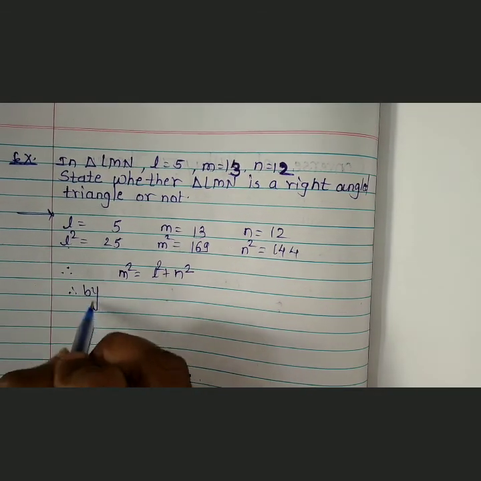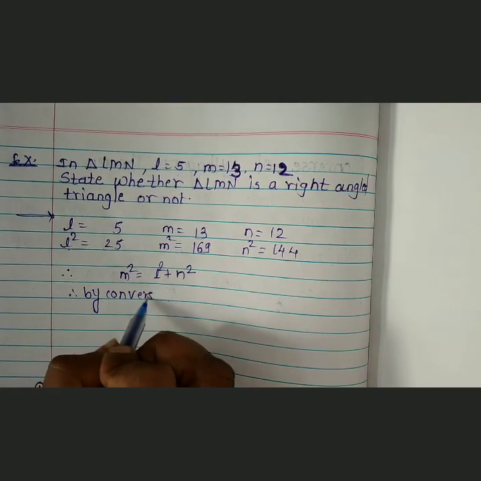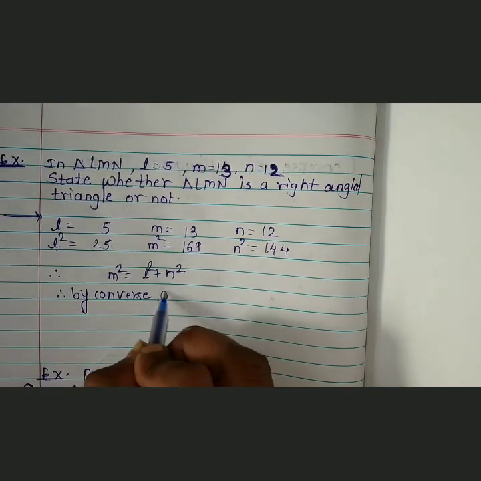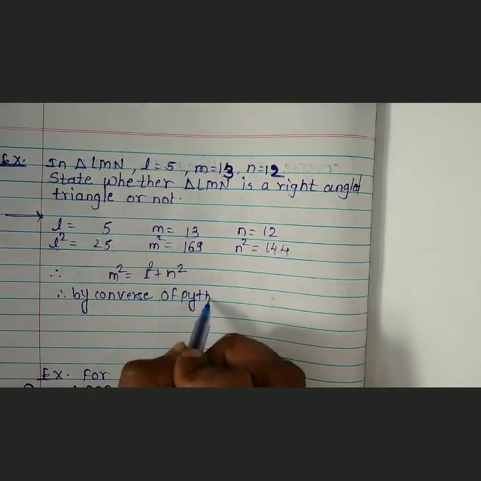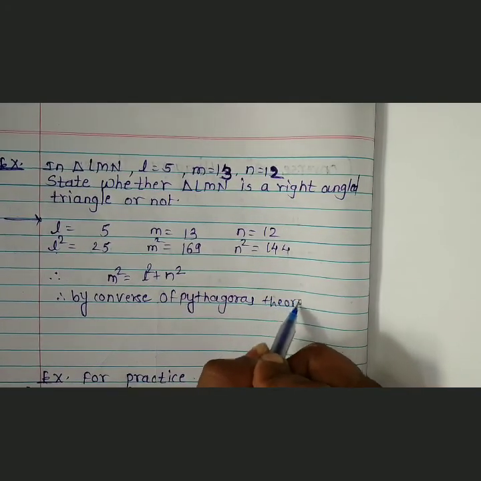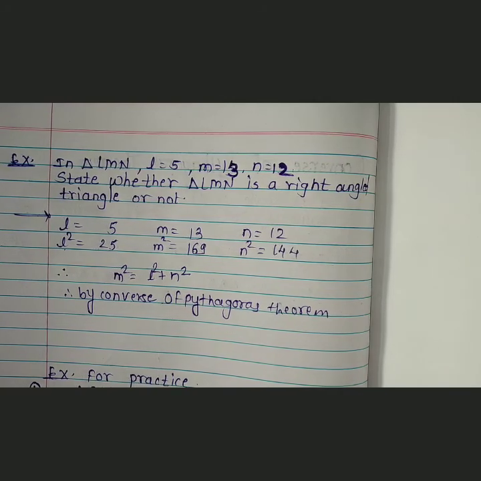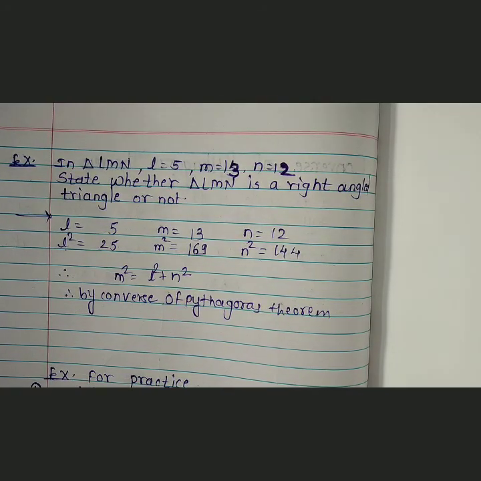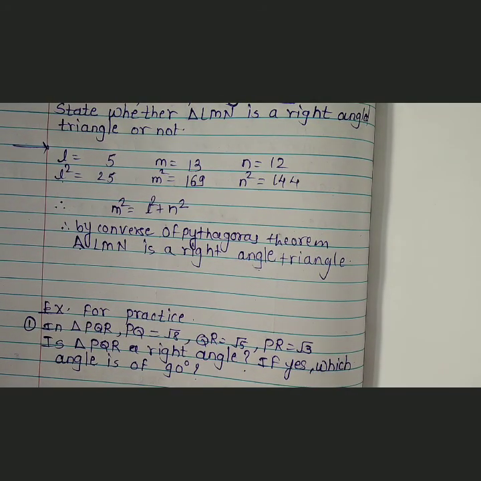Therefore, by converse of the Pythagoras theorem, triangle LMN is a right angle triangle.